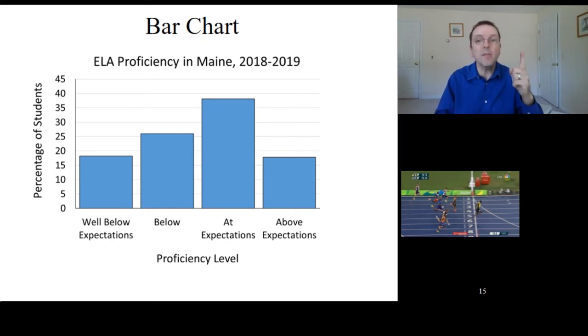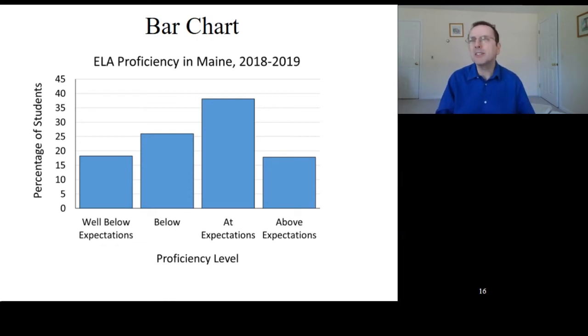We know the order, but we don't know how wide each category is or how large the actual differences are between our groups. If the bars touch, it implies that the range of skills in each category is the same. So we should use a bar chart with ordinal data because the bars don't touch.